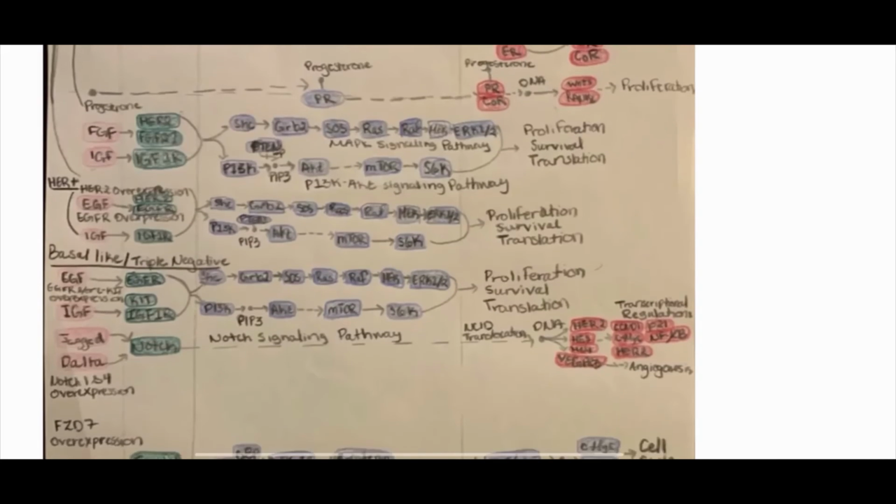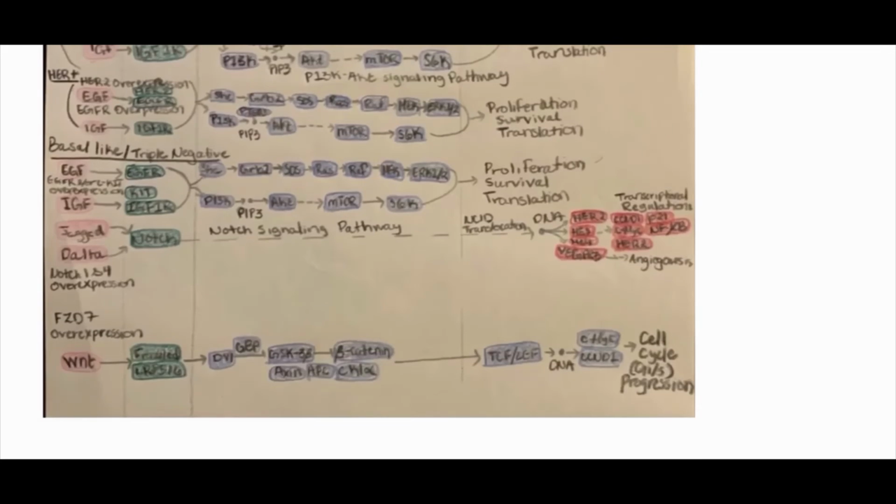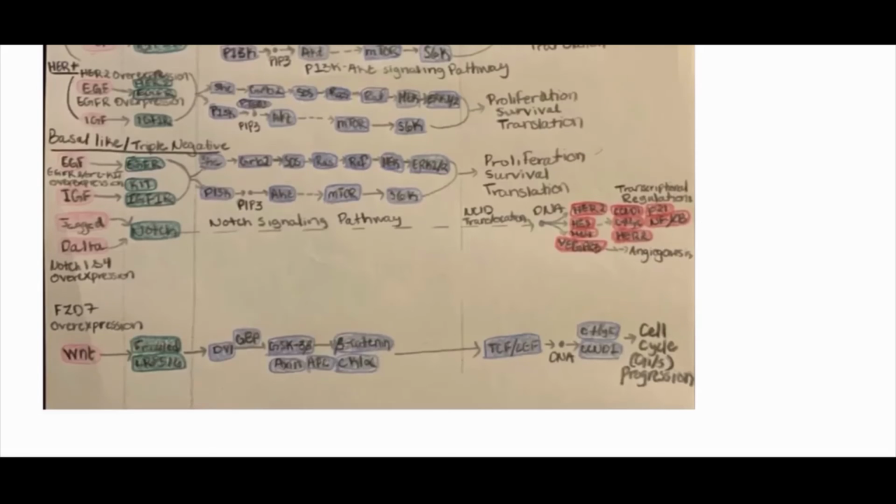The HER2 positive can have an HER2 overexpression, or can have an EGFR overexpression, which will lead to the proliferation. Basal-like / triple negative has a number of different ones, but it has the EGF, which can have an EGFR or a C-KIT overexpression.